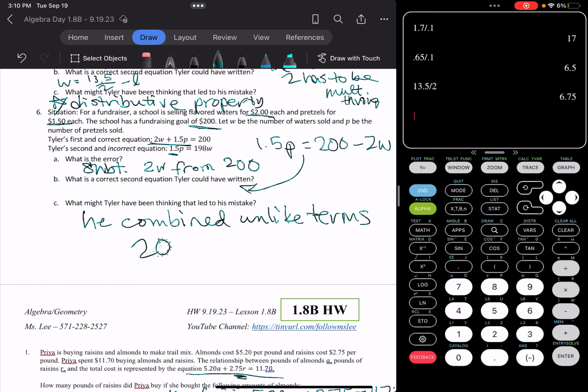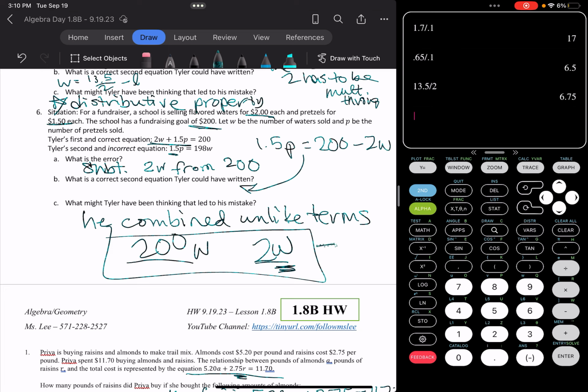So 200 does not have a W with it, but 2W has a W with it. So these cannot be combined to make 198 because of this W. If this had a W here, then you could subtract it and make it 198W. But because there's no W with this 200, that is not something we can combine. They have to remain separate, and therefore we write them as such.